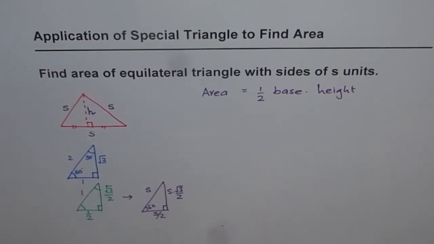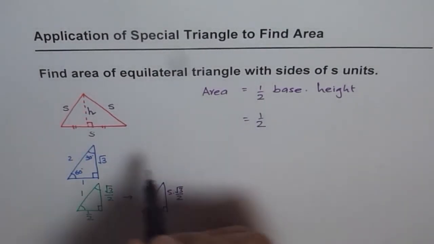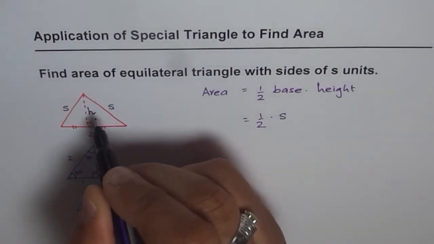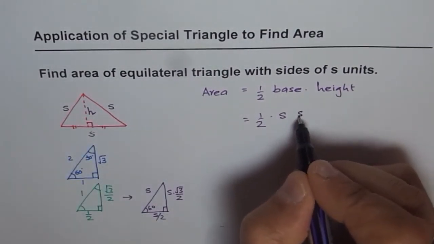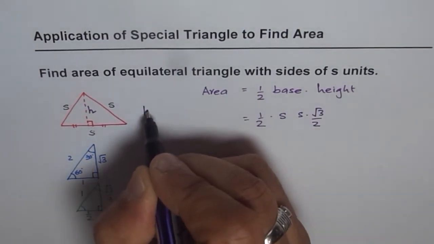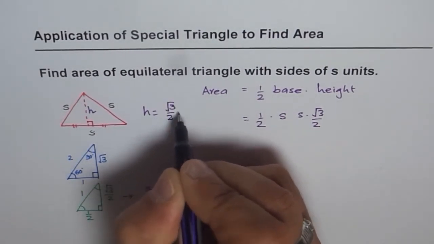So these are the sides. Perfect. So now we can find area of triangle. We know half is the base, which is S, and height for us is equals to S times square root 3 over 2, right? So from here we know height h equals to square root 3 over 2 times S.